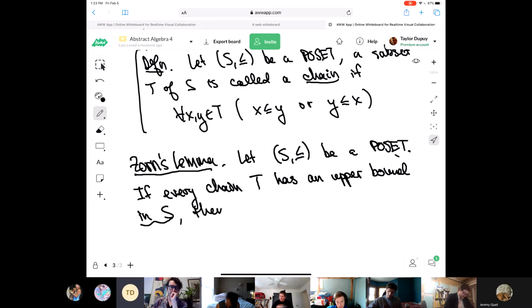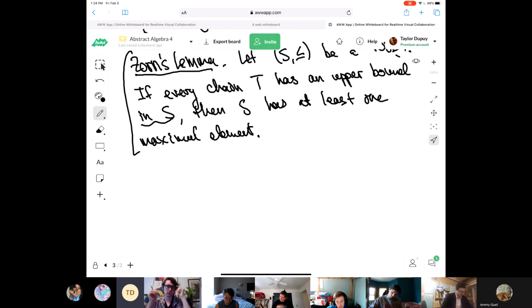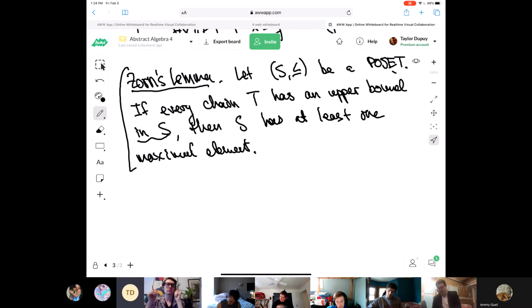Then S has at least one maximal element. Maximal elements may not be unique, but this is just saying that they exist. Let me remind you what I mean by a maximal element.